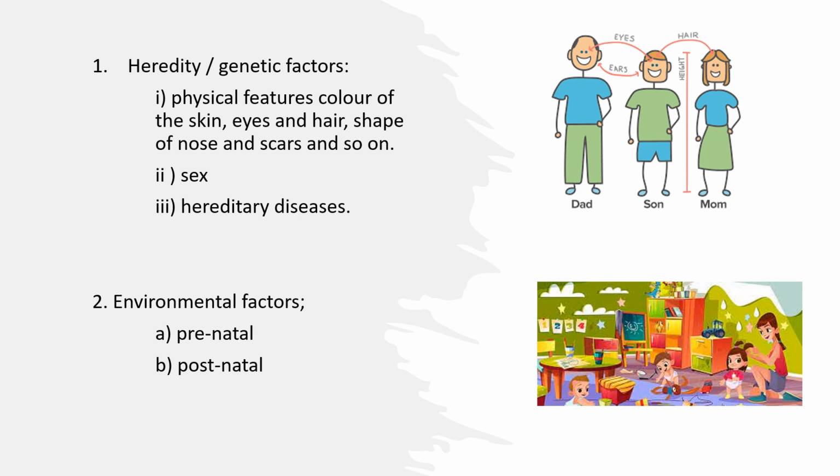We have two types of environment: prenatal environment and postnatal environment. Prenatal environment is the very safest environment of a person, the time before our birth, from the time of conception till the time of birth, when we are in the womb of our mother.